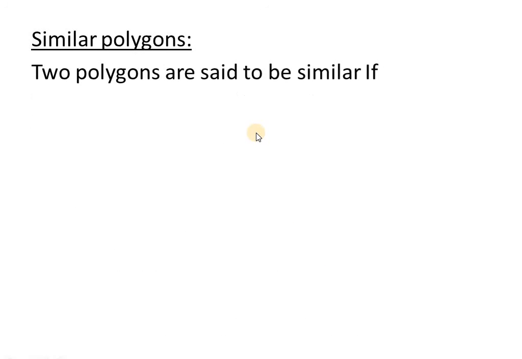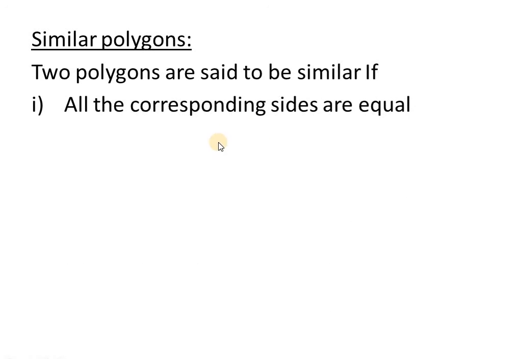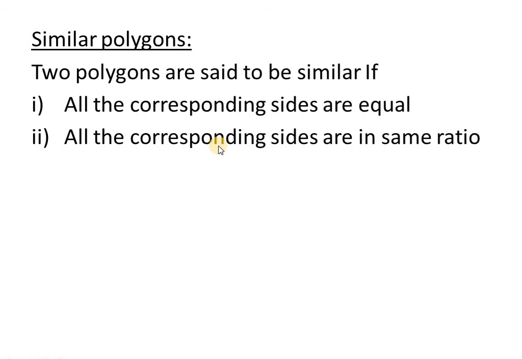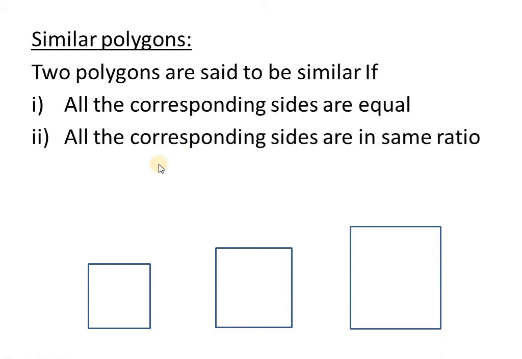Now, what are similar polygons? Two polygons are said to be similar if all the corresponding angles are equal and the corresponding sides are in the same ratio. Let us consider three figures. What are corresponding sides?